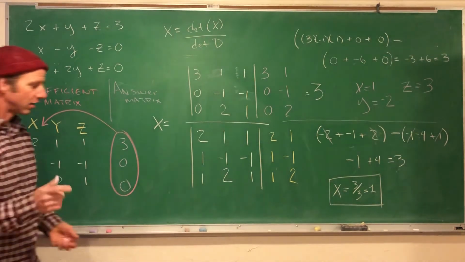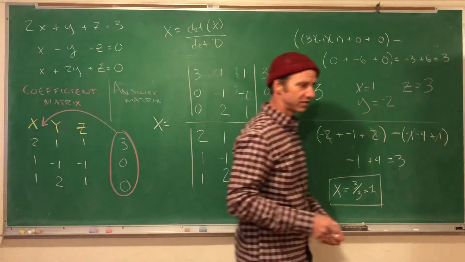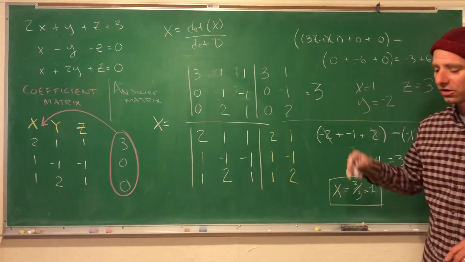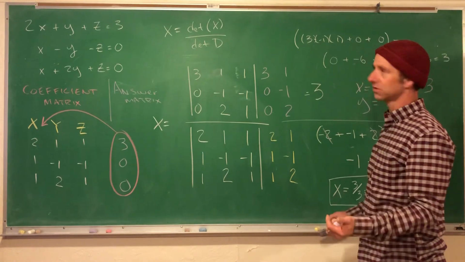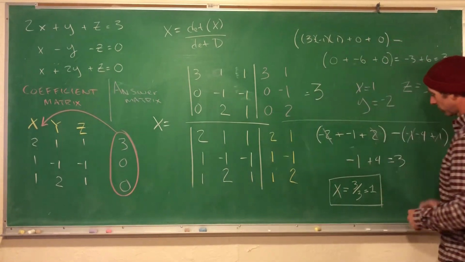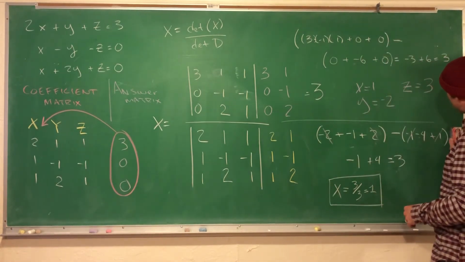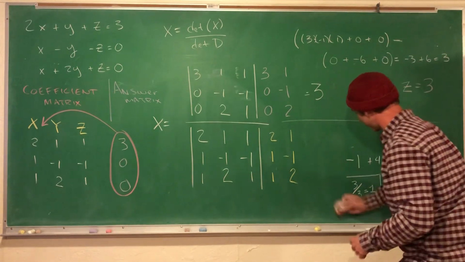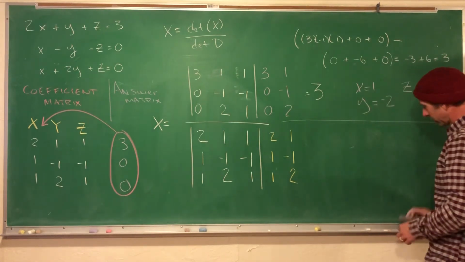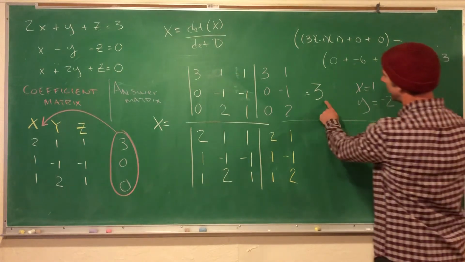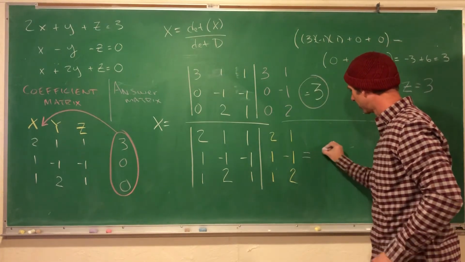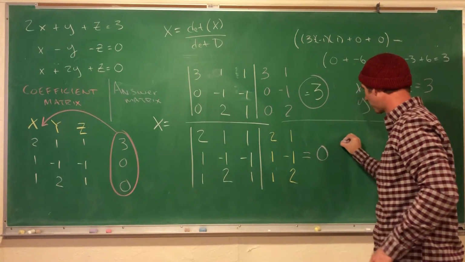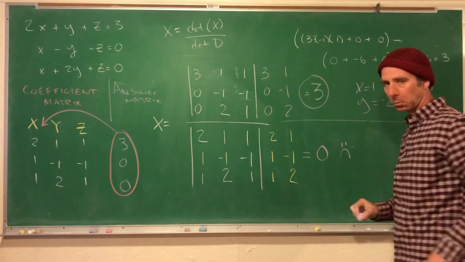Now, when we started off, I said this always works. No, it doesn't. Here's when it doesn't work. What if we ended up with this? We got a numerator of 3. What if this denominator equaled 0? No good.